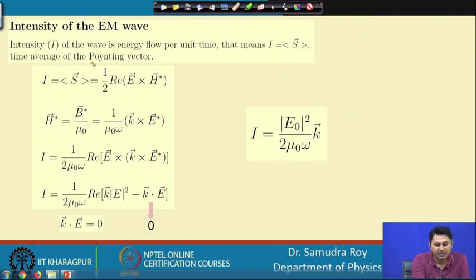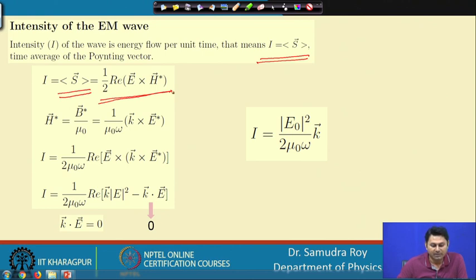The intensity I of the wave is the energy flow per unit time. That means I can write this in this way. This bracket says the time average of the Poynting vector, represented by the bracket of S. It is nothing but, if I write it in a proper way, the real part of E cross H, and because of the time average we have a half term here.